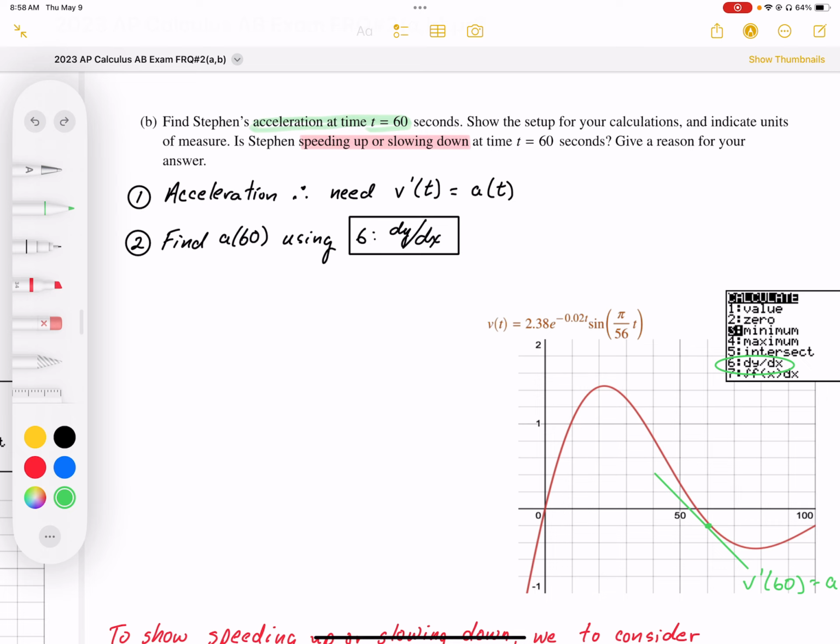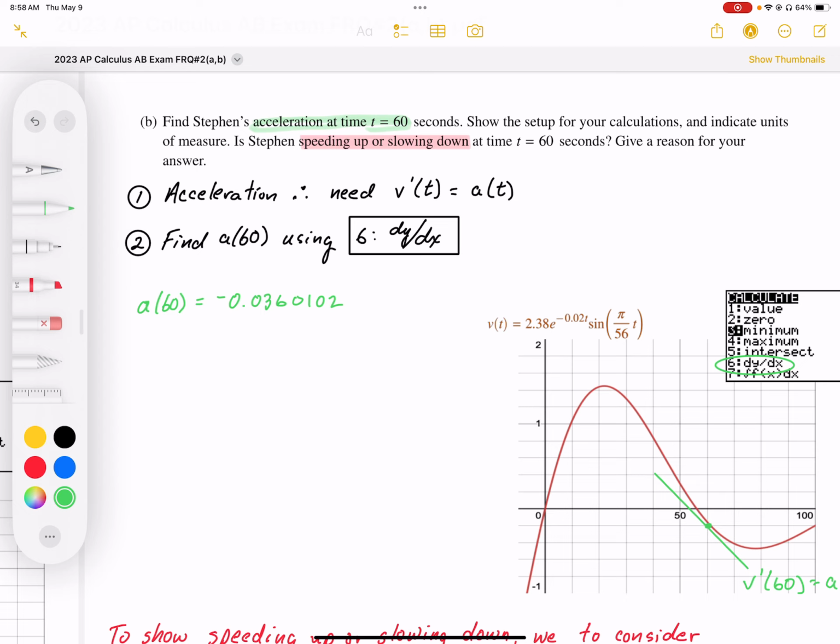So using that slope function, a of 60, when we use the dy/dx at x equals 60, we end up with a slope of negative 0.0360102.